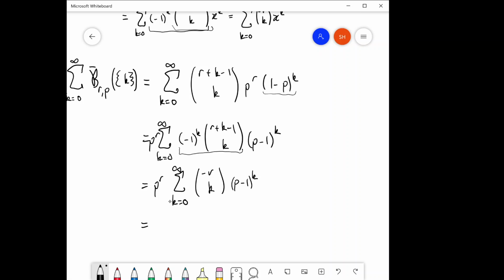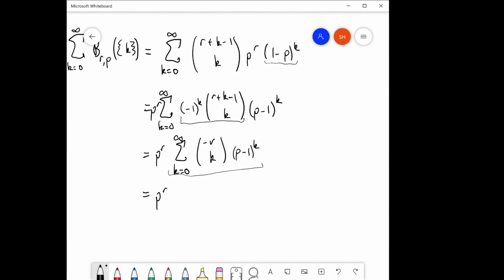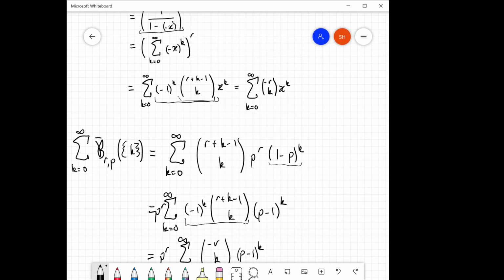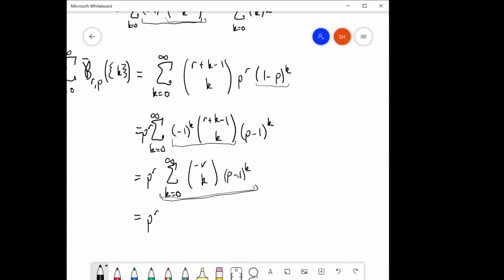And we've just said that this is the same as 1 on 1 minus this thing. Well, sorry, no, it's p to the r, and then this part compared to up here is 1 plus x to the negative r, where now x is p minus 1.